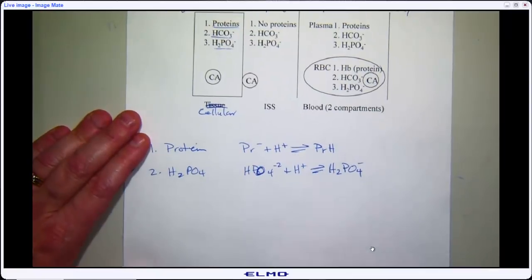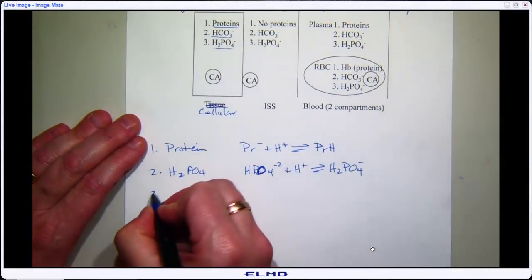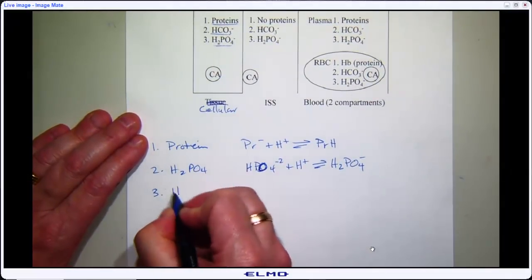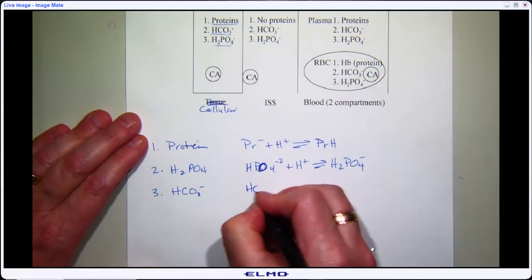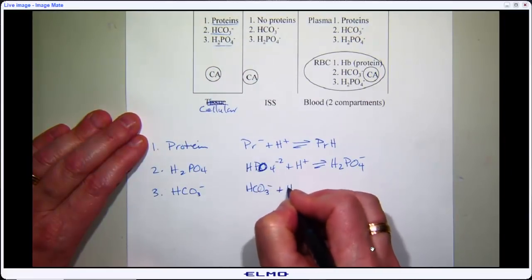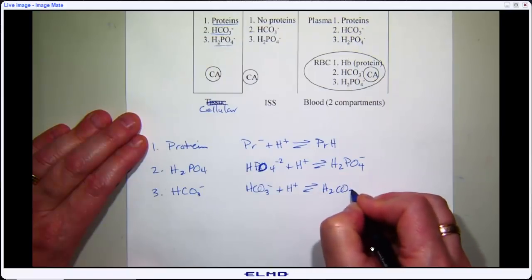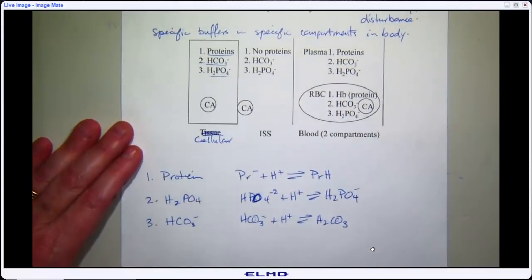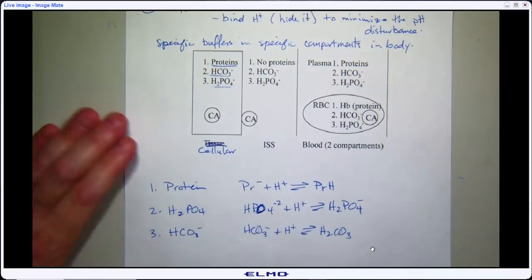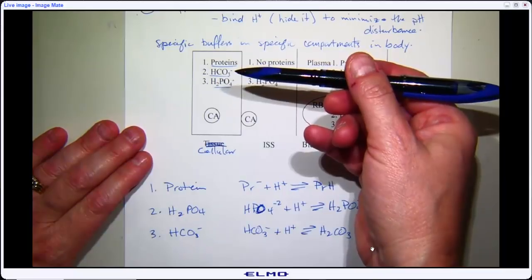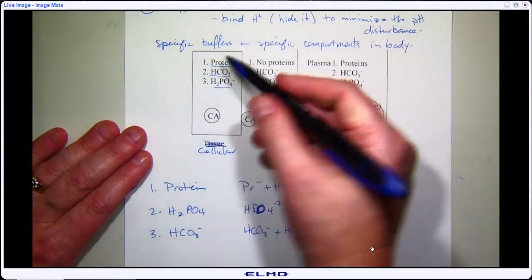So we have phosphate sitting there that can also accept a hydrogen ion, and we have that bicarb that we've been alluding to. Okay, so these three can accept the hydrogen ion, obviously without causing any issues.